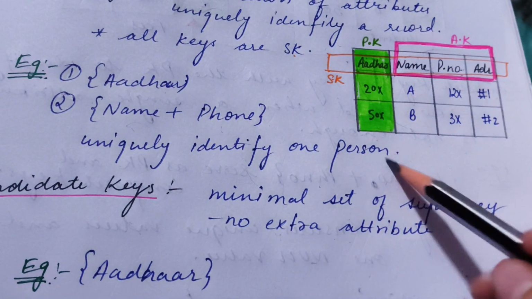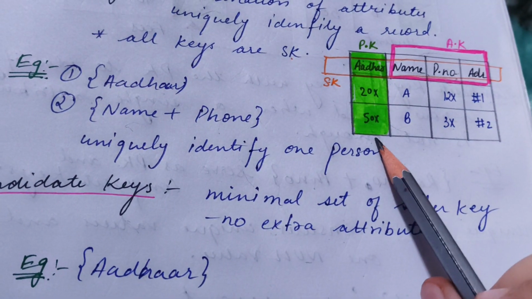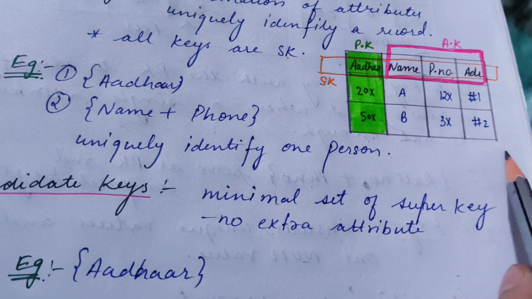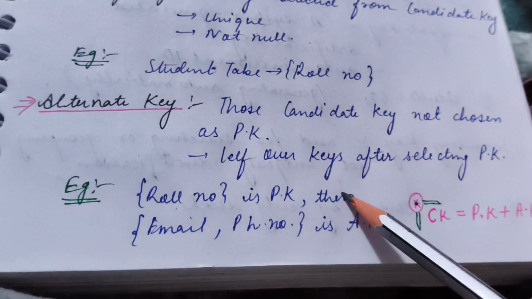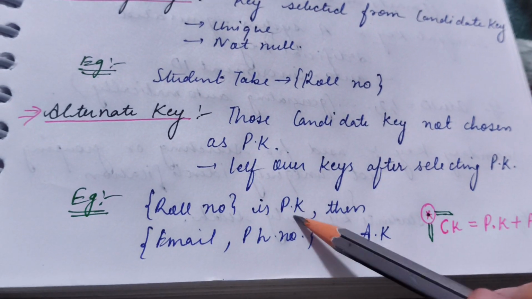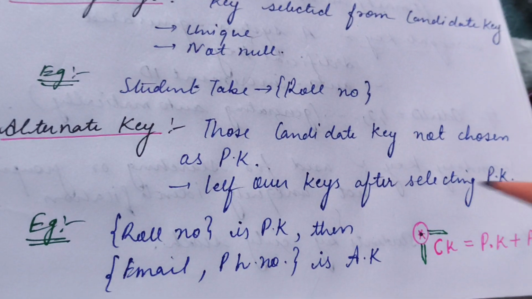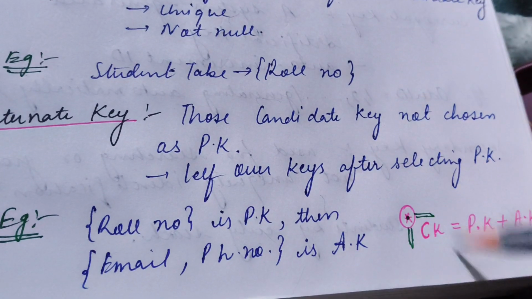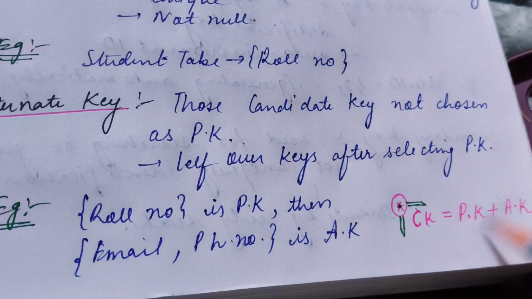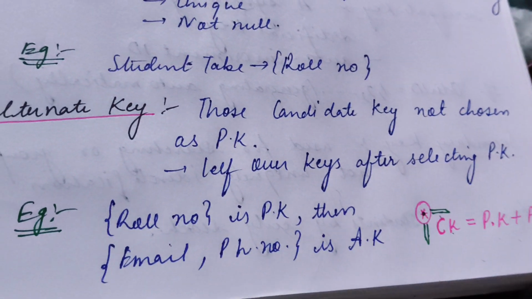Here in the table, Aadhaar is chosen as primary key. So the leftover keys are alternate keys. Okay. So here is the relation also, that the candidate key is equal to primary key plus alternate key.